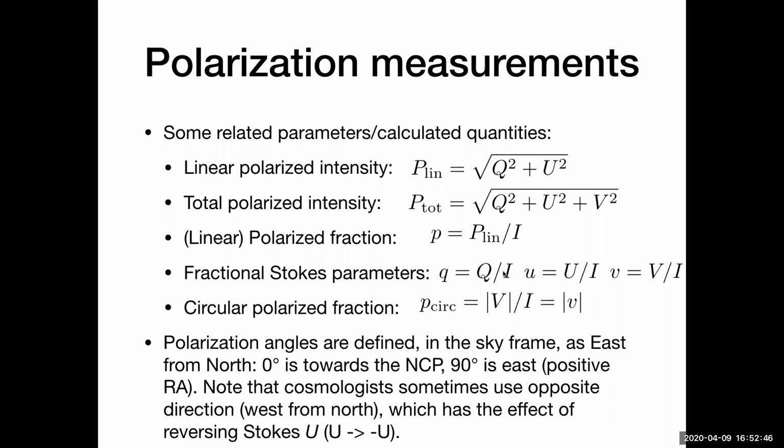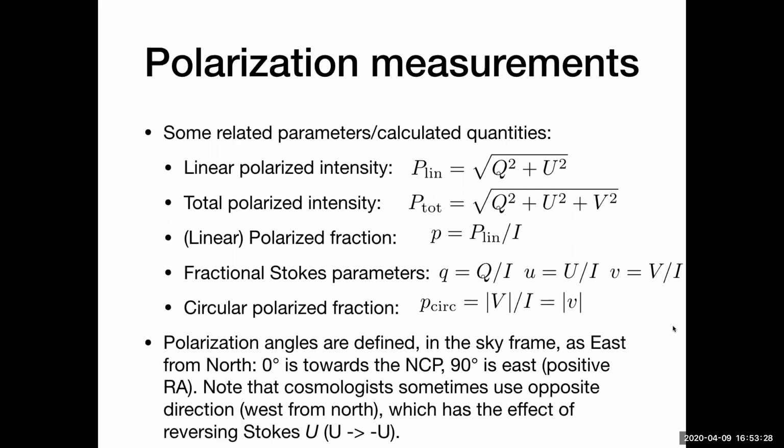This has some useful applications in some forms of Faraday rotation analysis, which I won't have time to get into, but I want to make sure that you see these definitions. The circular polarized fraction is logically defined by noting that Stokes Q, U, and V are all signed quantities. So in order to define the circular polarized fraction, you just take the absolute value so that you're not distracted by it being positive or negative.